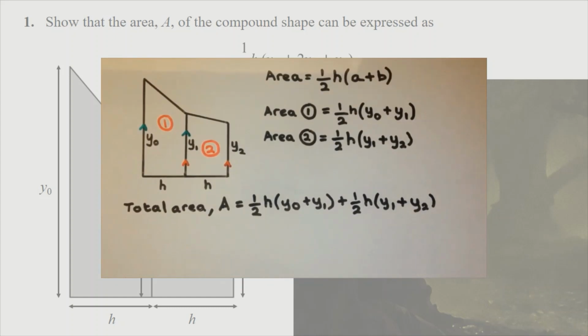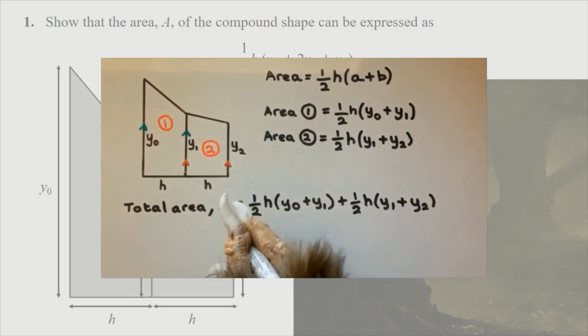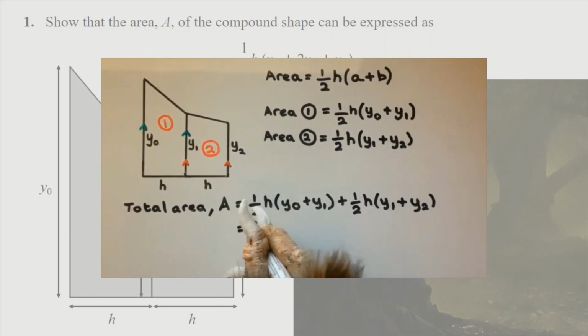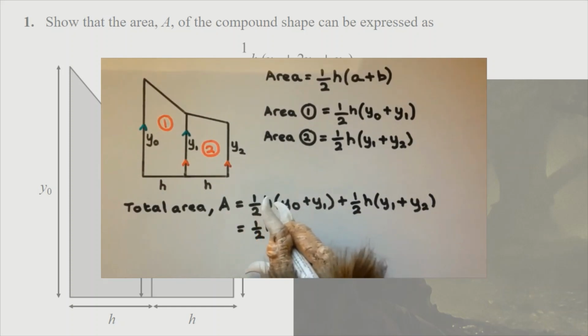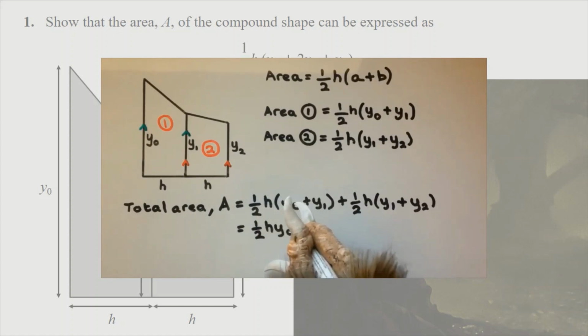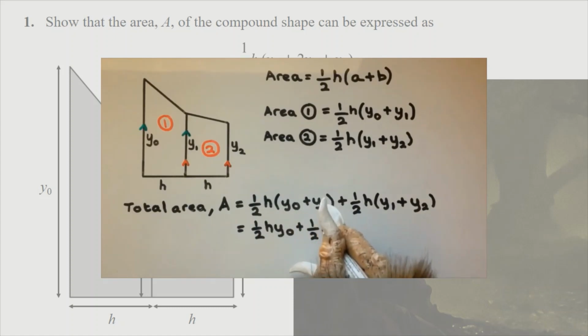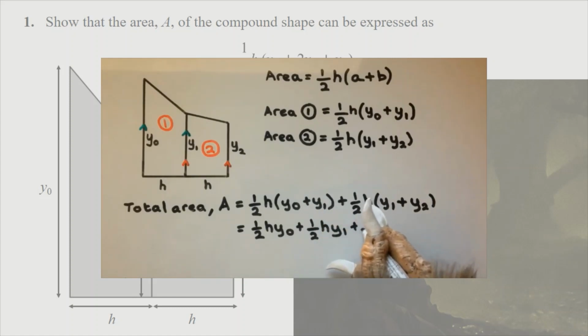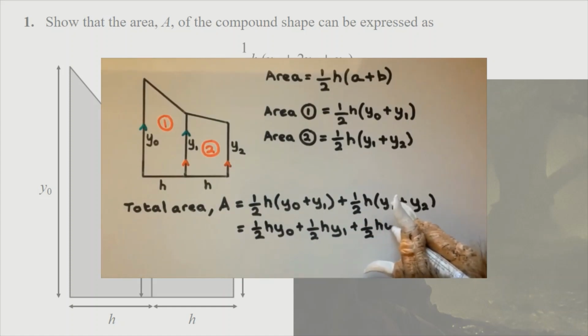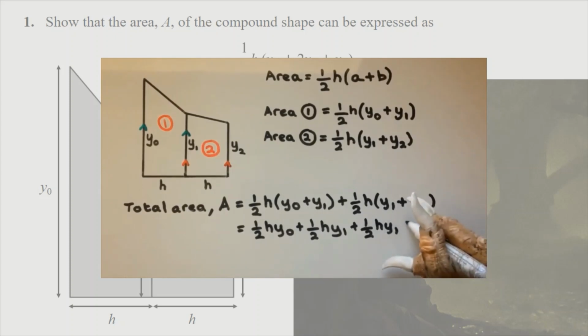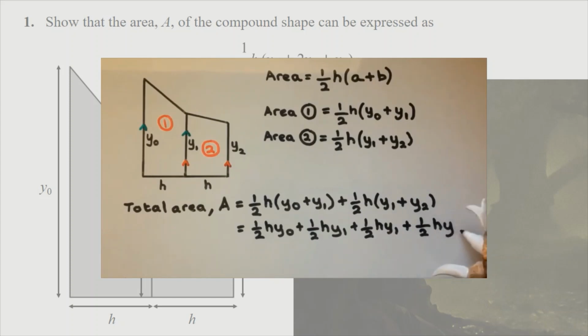Next, we're going to expand this, because it's clearly not in the form we want. We must have to do some sort of manipulation. So this is equal to 1/2 of h y0 plus 1/2 of h y1 plus, and this is expanding the second bracket, of course, 1/2 of h y1 again plus 1/2 of h y2.